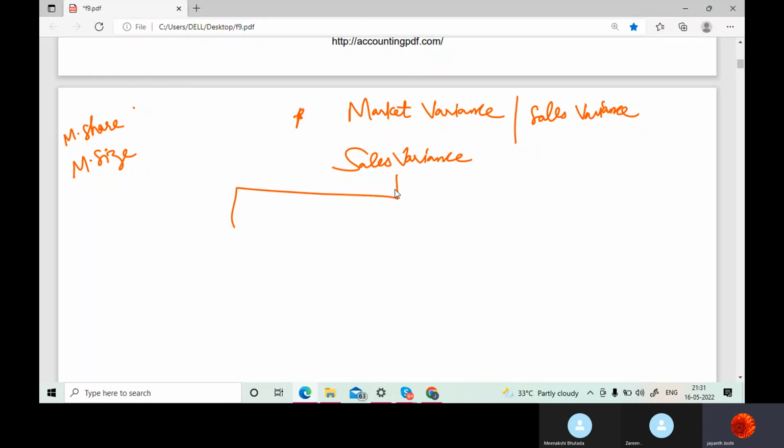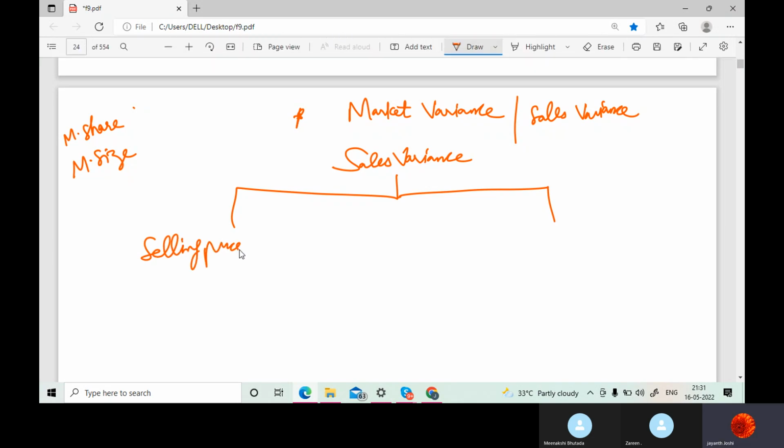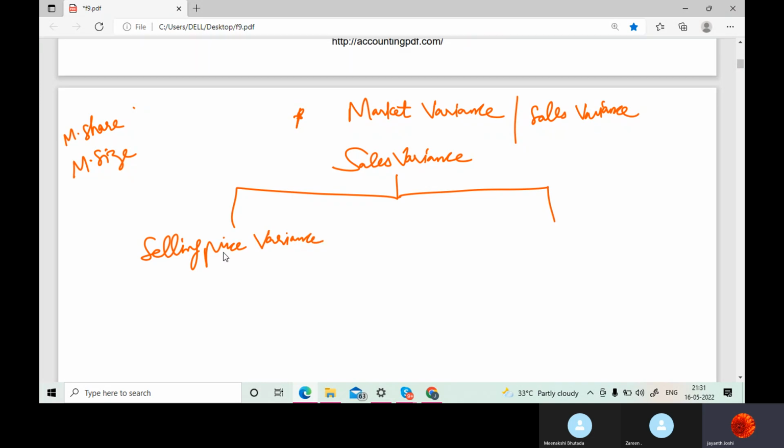In sales variance we are supposed to find two types of variances. One is selling price variance, or sales price variance. Anything you can take it for.